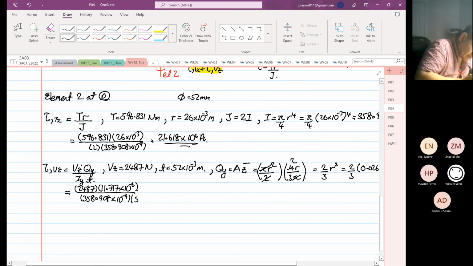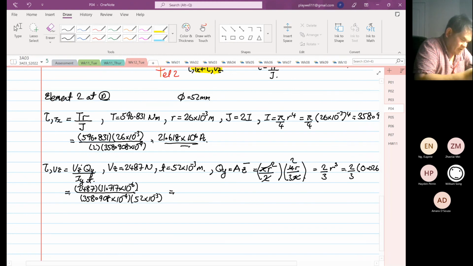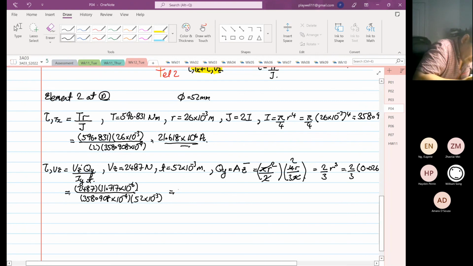The thickness is 52 times 10 to the power minus 3. So 2487 times 11.717 times 10 to the power minus 6, divided by 358.908 times 10 to the power minus 9, divided by 52 times 10 to the power minus 3. So it's 1.561 times 10 to the power 6 Pascal.